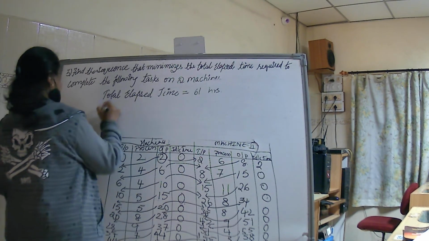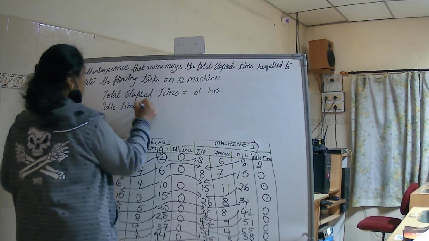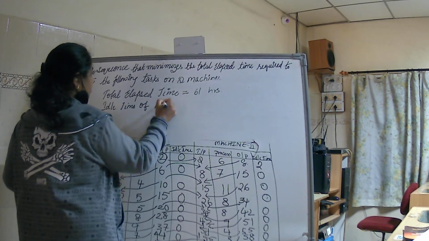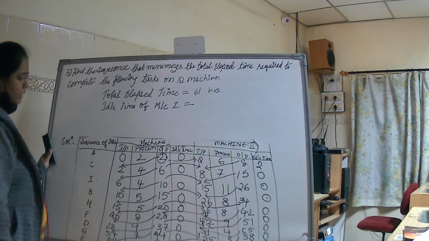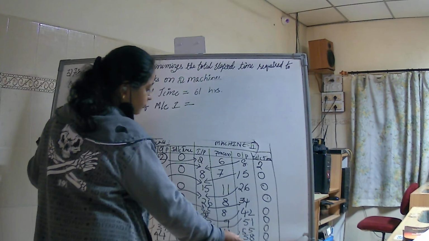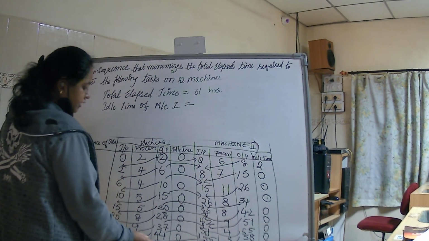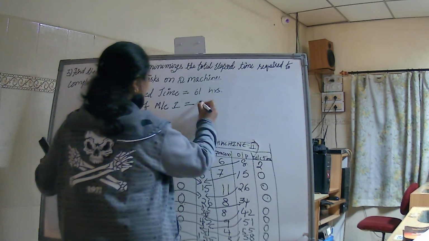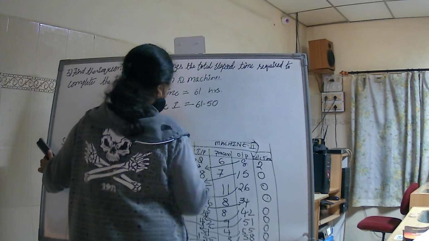Then idle time of machine 1. How do you calculate idle time of machine 1? It is the last output of machine 2 minus the last output of machine 1. That is 61 minus 50.